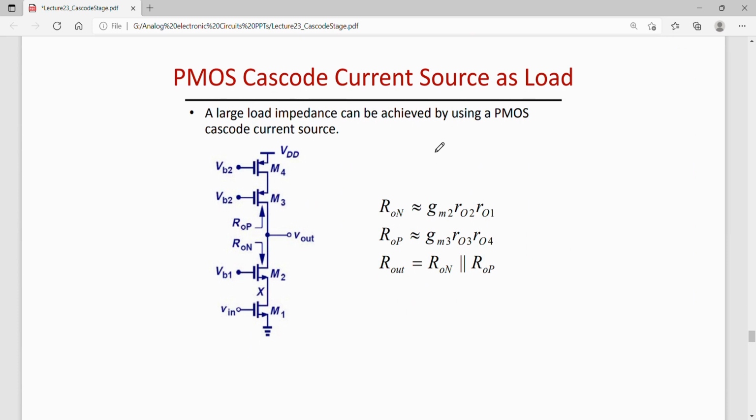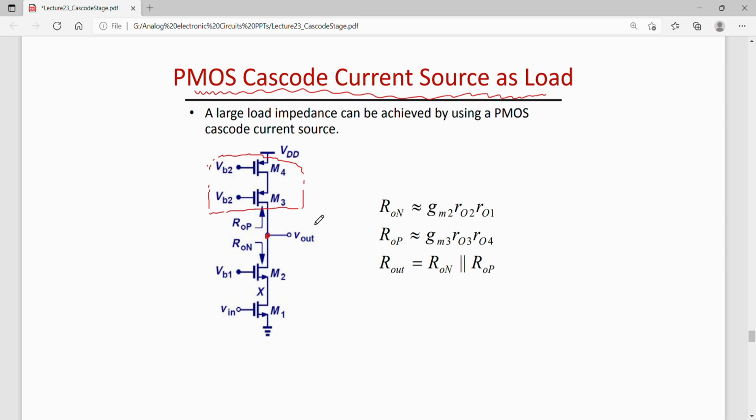Now one can also think of using a PMOS cascode current source as load. Earlier we had seen NMOS cascode current source as load. So one can also think of using a PMOS cascode current source as a load. So again, the job of this is to source the current from VDD and supply it to V out node.